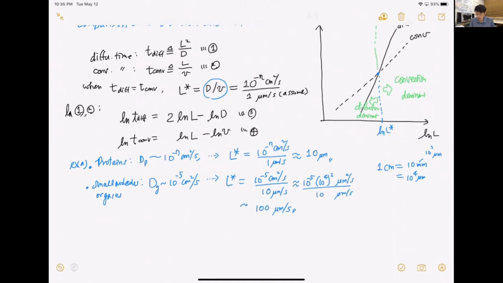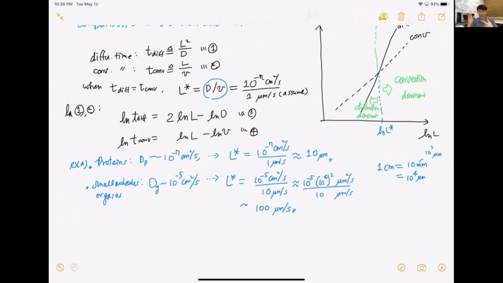What does that mean? In the protein case, this characteristic length is smaller, which we kind of understand. At a very small scale, like a length scale of 10 micrometer or even smaller, a cellular size, diffusion will be dominant.